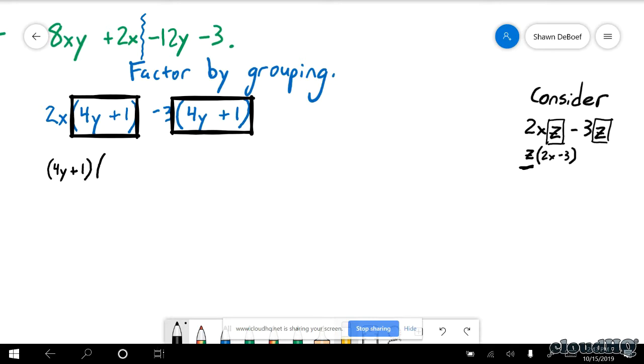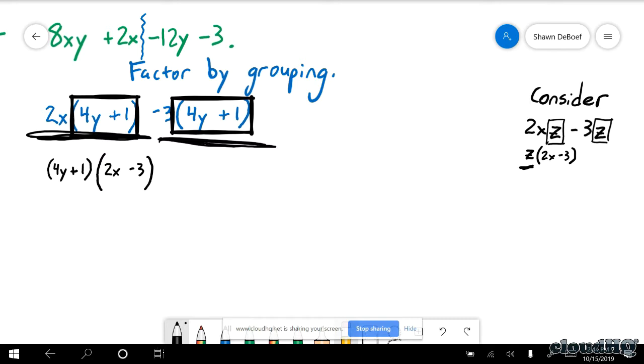I'm taking it away, pulling it out of both terms. So when I pull the 4y plus 1 out of the first term, what am I left with? Just the 2x. And then when I pull it out of the second term, what happens after the minus? Pull out the 4y plus 1, I undistribute it, I'm left with minus 3.